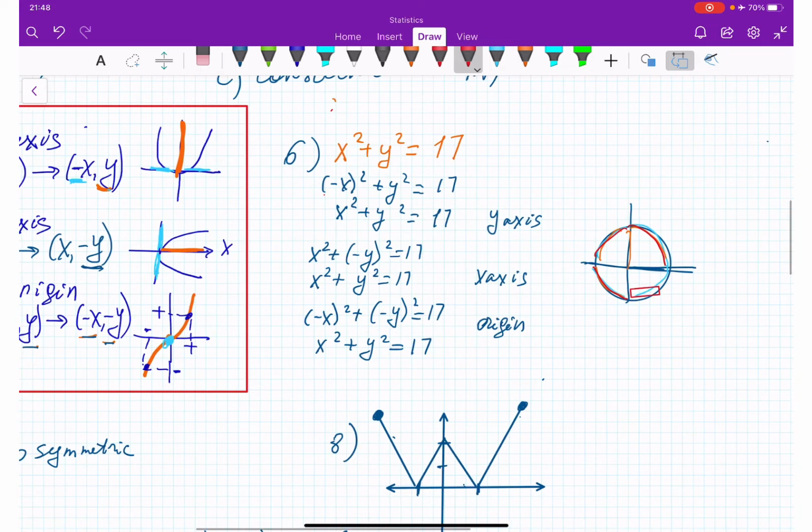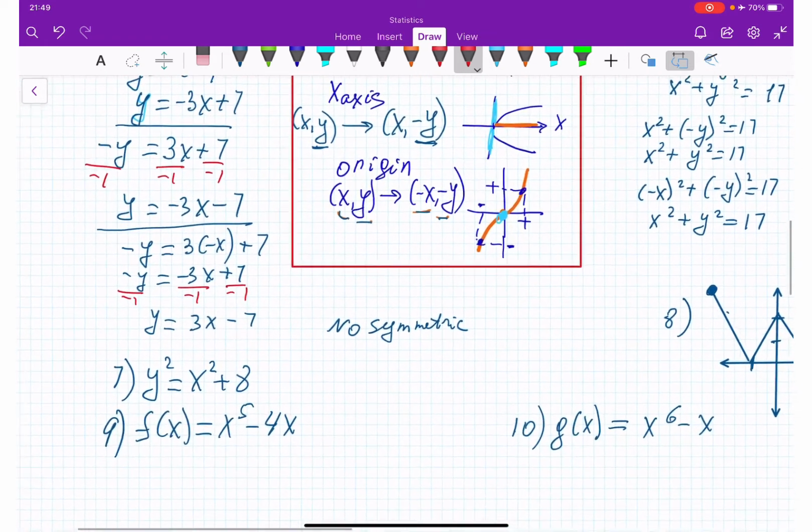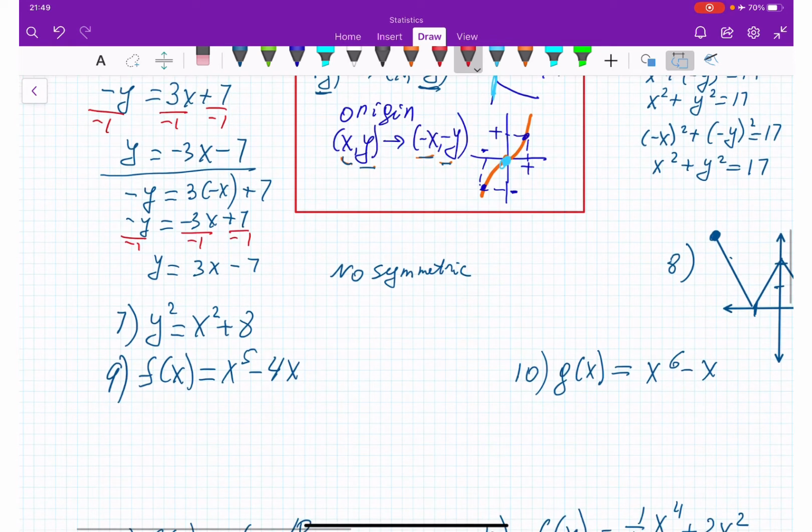And x squared plus y squared equal 1 is the formula for a circle with radius 1. Now here we have 17, so it's usually 1, we understand 1 squared, so the radius is 1. Here it is 17, so the radius will be the square root of 17. All right, so that's why. Okay, we figured it out. Moving on, we are moving to question number 7.